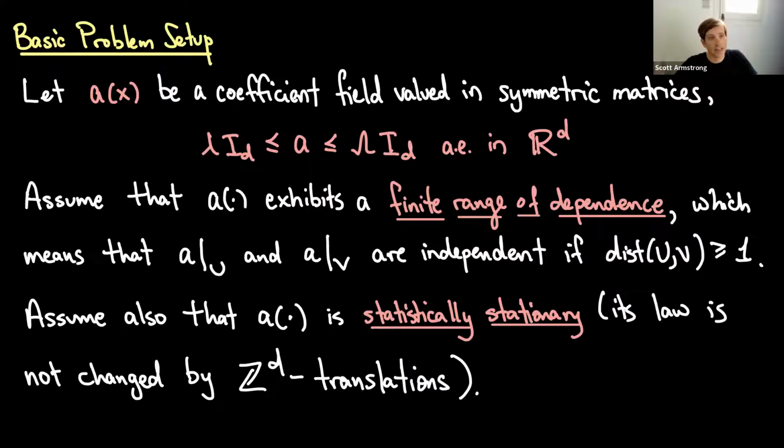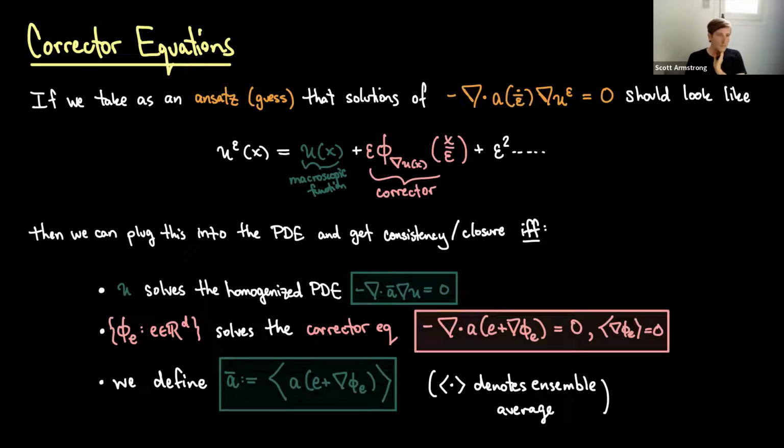Your A is either 1 times the identity or 2 times the identity, and then you want to solve the elliptic equation corresponding to that. That would be a perfectly admissible example, and if you have that example in your head, that's what's going on.